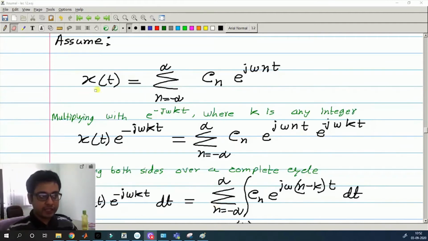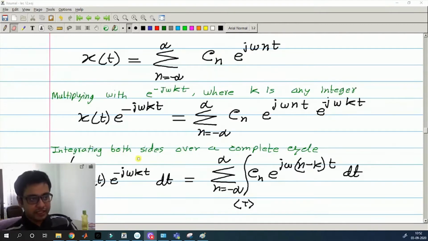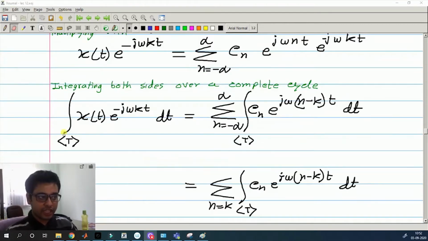We multiplied both sides with something and then integrated both sides over a complete cycle, so that on the right hand side the effect of almost all the harmonics becomes 0 and only one harmonic survives. We are using this trick repeatedly, and this trick is analogous to the following experiment.